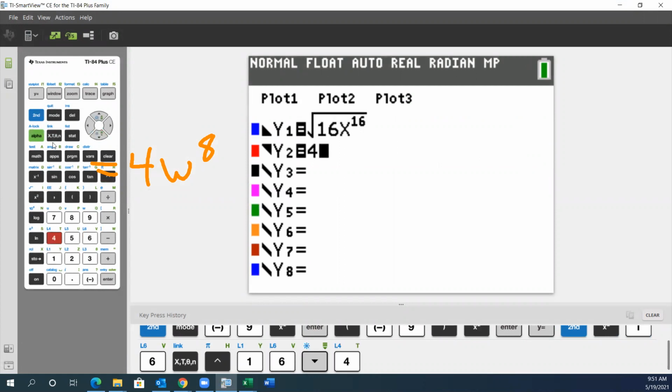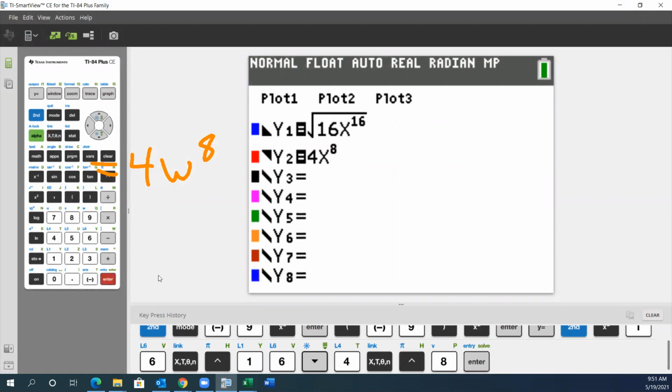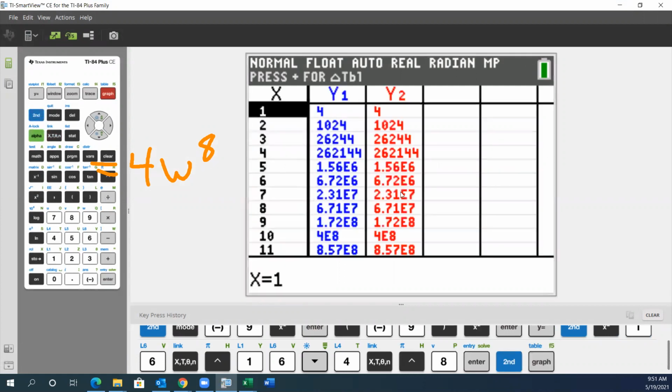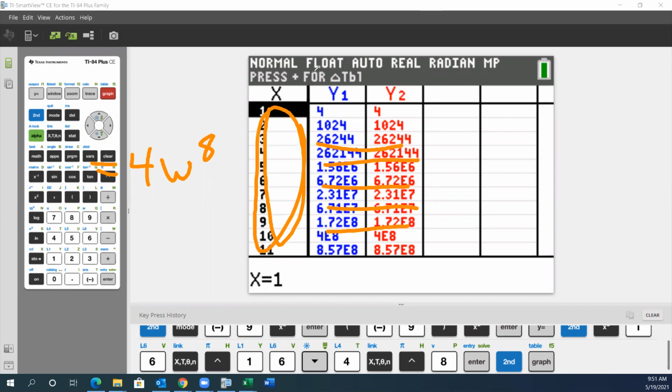And supposedly that's supposed to be equal to 4x to the 8th. And they're supposed to match. If I go to the table, and look at that. Doesn't matter what the x value is that I'm plugging in, they match, they match, they match. They match everywhere. Therefore, they must be the same polynomial because they're responding the same way to every x value that I plug in.